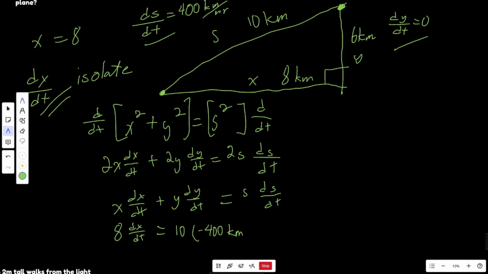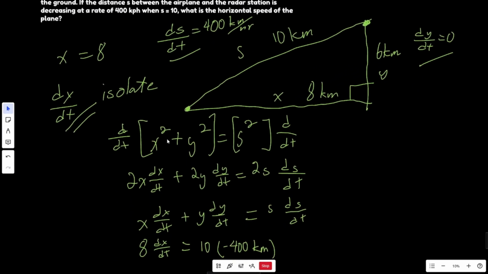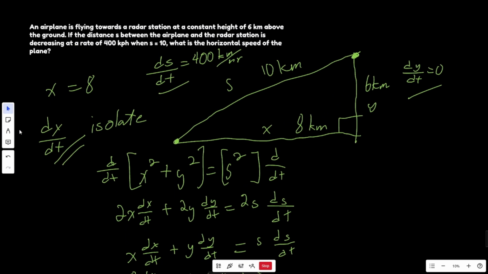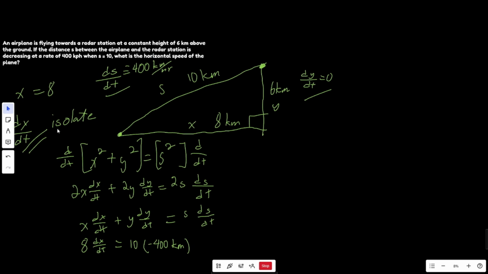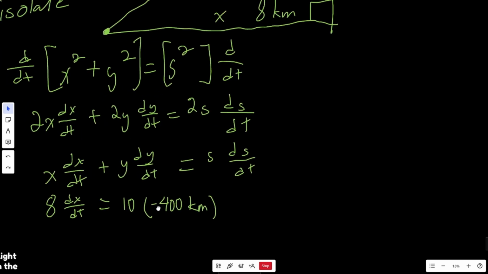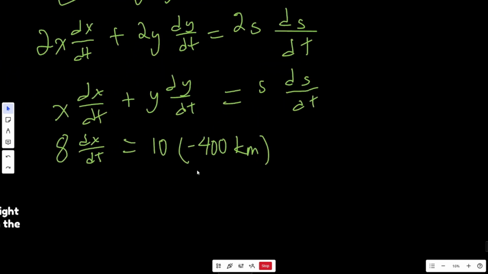The reason we can describe it as negative is because it's going towards the radio station. My apologies, I forgot to specify that earlier, but just as in physics, when we're going away from the y-axis, this is positive, and when we're going towards it, we're going negatively. That's the explanation for why it's negative. After this, you just divide both sides by 8.